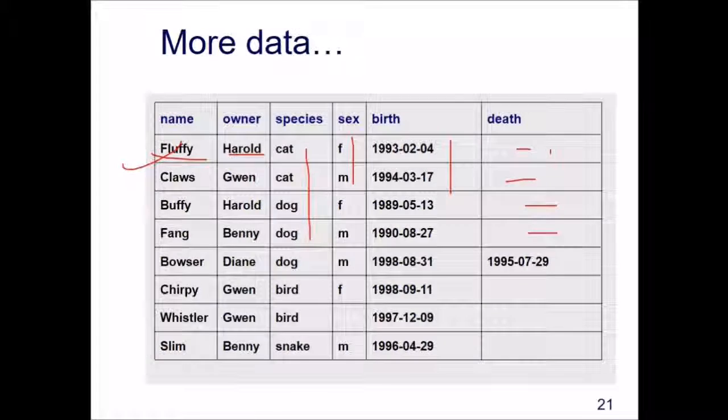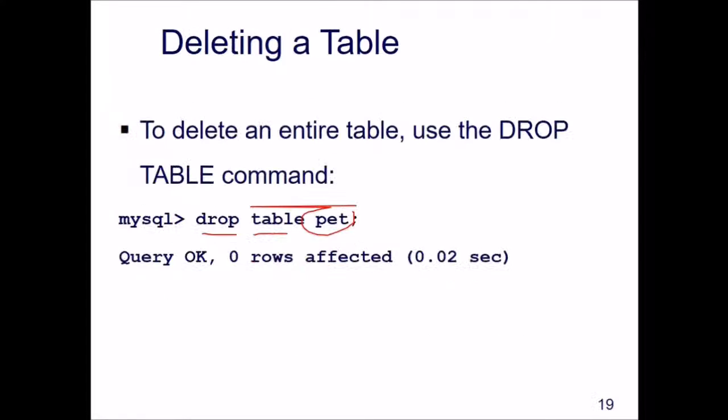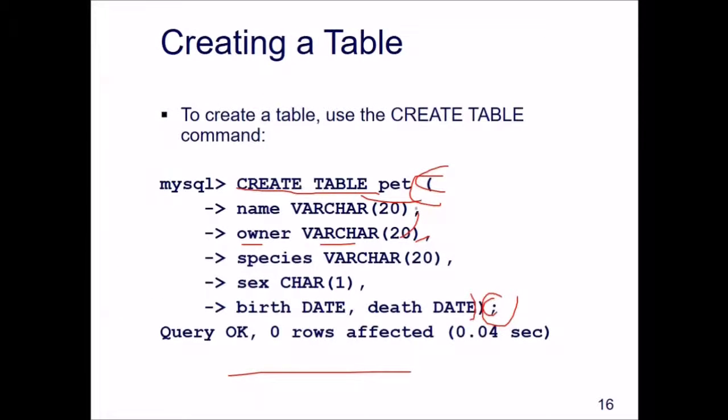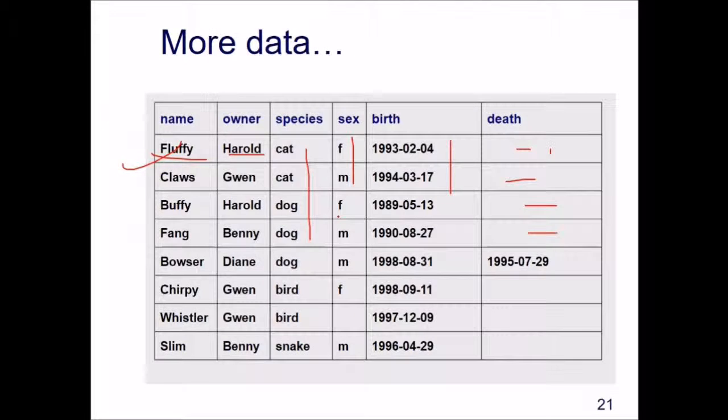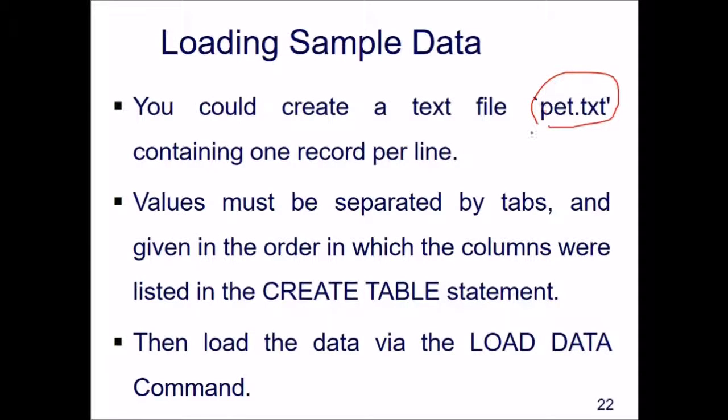It should follow the arrangement which you have given here. Otherwise it will not take. So what you have to do is make a pet.txt and just enter the values, separated by tabs, and the order should be like that table, when you use this create table statement.